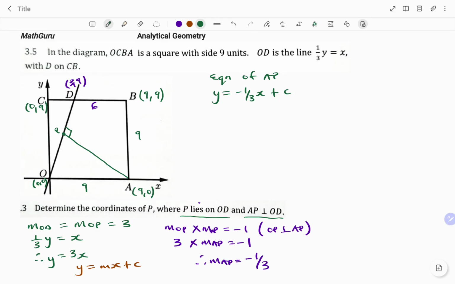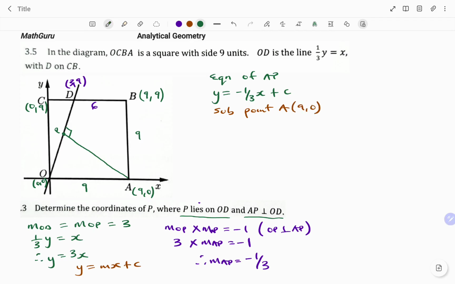I need a point on that line to substitute in order to find the y-intercept, which is c. So I'm going to use the coordinates of A. I substitute point A into the equation. Point A is 9 and 0. That's the coordinate.